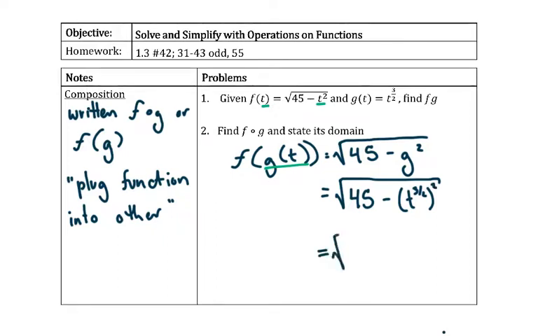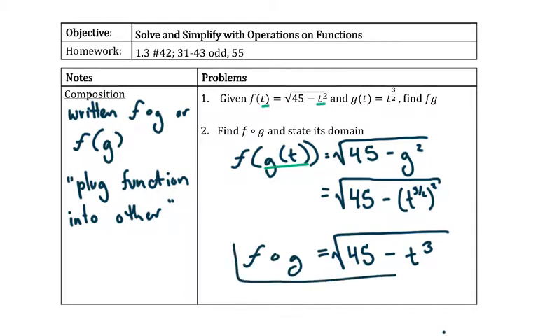So root 45 minus stays the same, and then the exponents on t will simplify out to t cubed. And that's what f of g equals. So this part probably feels pretty familiar. Now, as I warned, the domain gets a little bit weird.